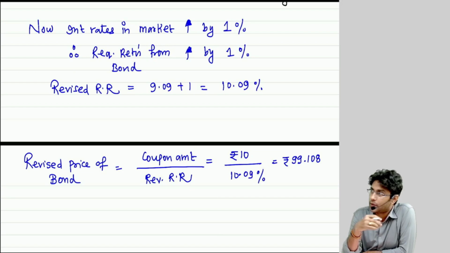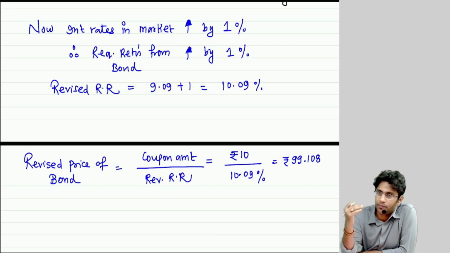Observe the story. Market price of the bond was 110. From 110 it has fallen down to 99 rupees, sir. Why? Natural. Market interest rate increased, my feeling changed. I don't like you anymore. When I bought it, I would have liked you, because at that time my RR and the yield, everything was matching.